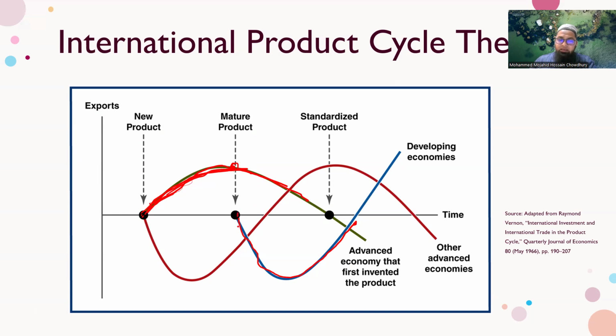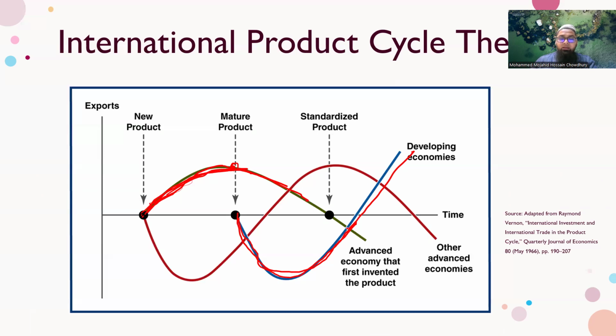When it became mass-market and the product became standardized, developing countries already had the idea of how to produce it, and they started to produce because they have cheap labor. Also, they know the prototype now.